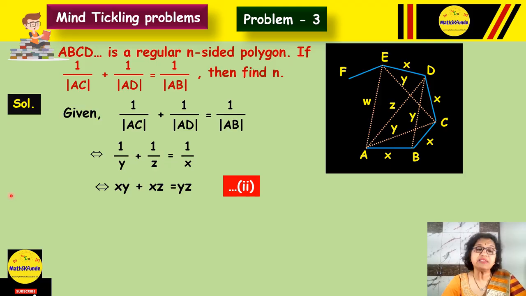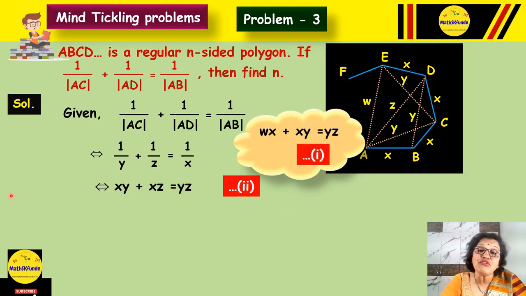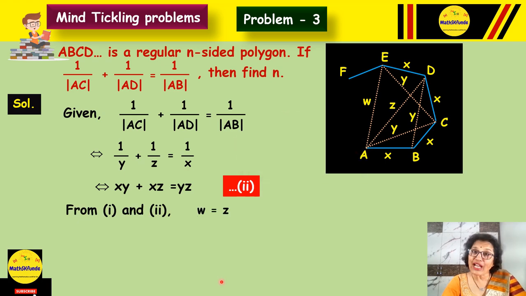Now we have two equations here. One is XY plus XZ equals YZ, and the first one was XW plus XY equals YZ. Now compare these two and you will see that here I have XY and in this also I have XY, and on the right hand side in both I am getting YZ. That means the remaining quantities will also have to be equated, and that would lead to W equals Z.